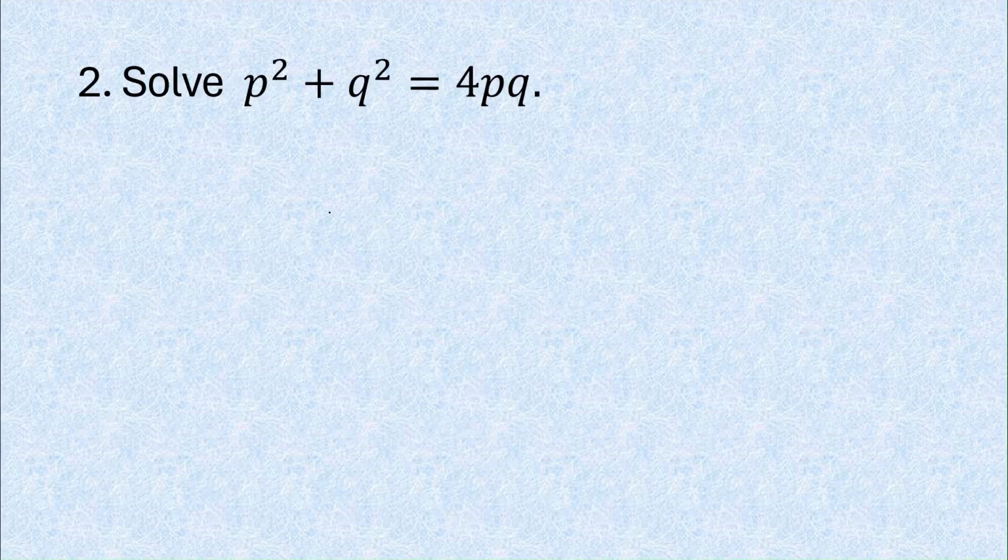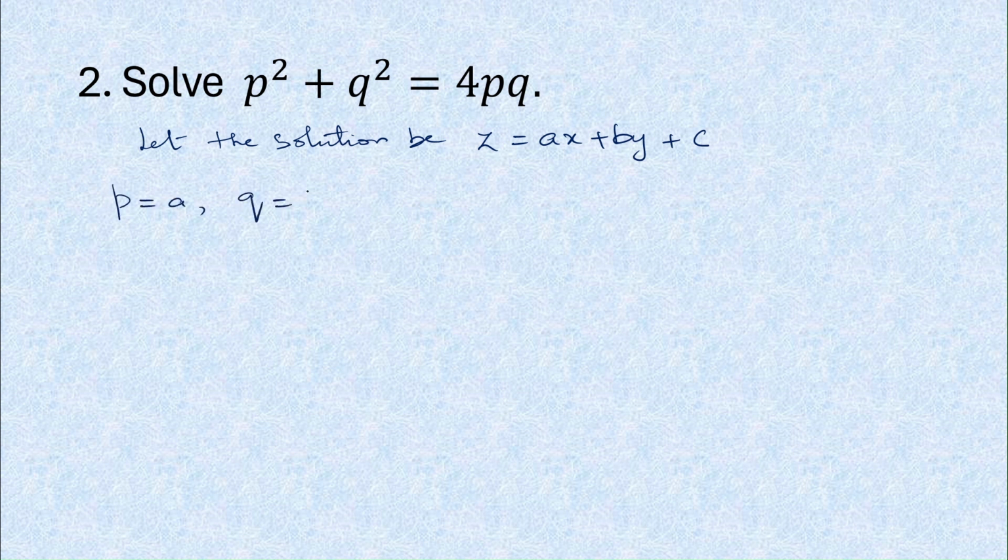Now moving to the next question, p square plus q square is equal to 4pq. So again here let us consider the solution z equal to ax plus by plus c. So as usual here we can substitute p is equal to a and q is equal to b.